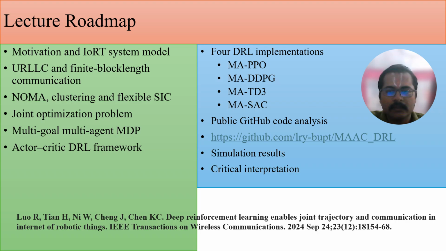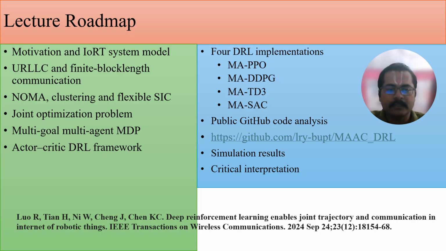In this paper four algorithms have been implemented: multi-agent proximal policy optimization, multi-agent deep deterministic policy gradient, multi-agent twin delayed, and multi-agent soft actor-critic. The code is also publicly available. The authors made the code public.